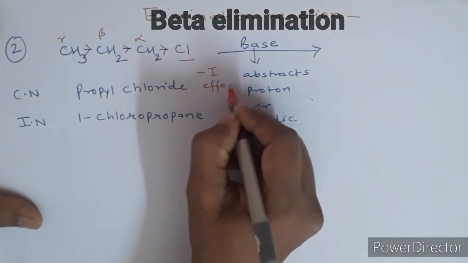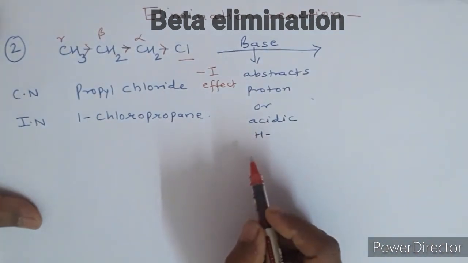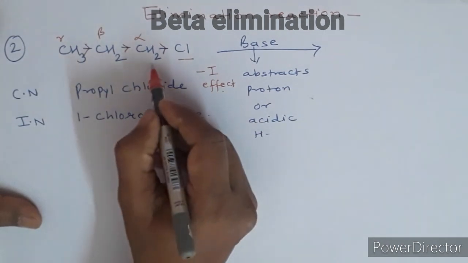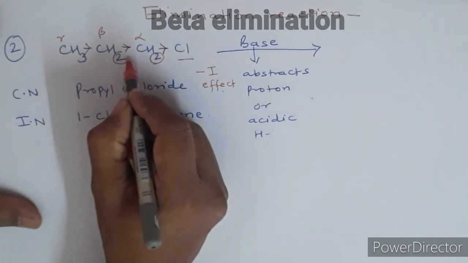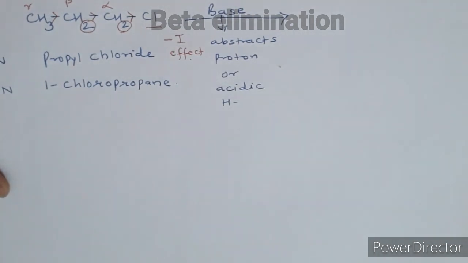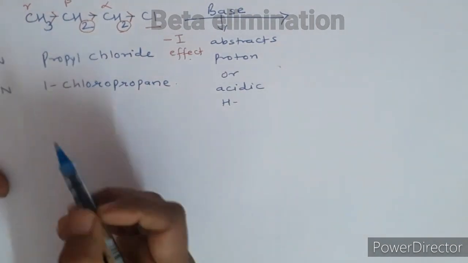Thus, due to this phenomenon of inductive effect, minus I effect, the hydrogen atoms become acidic. These hydrogen atoms become acidic, and we are going to remove them with the help of a base like potassium hydroxide.